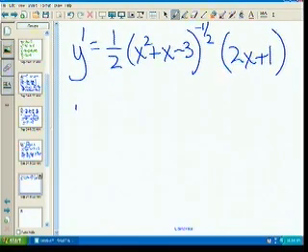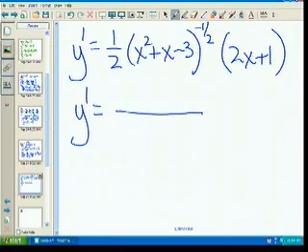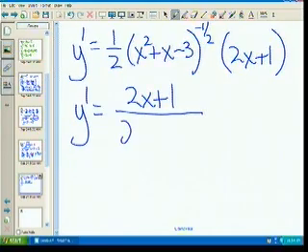Sometimes it's helpful, depending on what you want to do with the derivative when you're done. Right now we're just finding it, so in a sense we're done. But if we want to use it, we might want it in a different form. What goes in the numerator? 2x plus 1. And everything else is in the denominator, right? This 2 is in the denominator, and the negative 1/2 power throws it to the denominator as the 1/2 power.